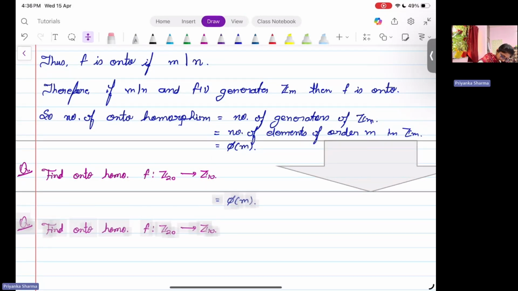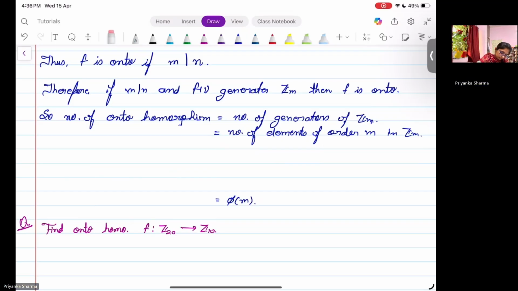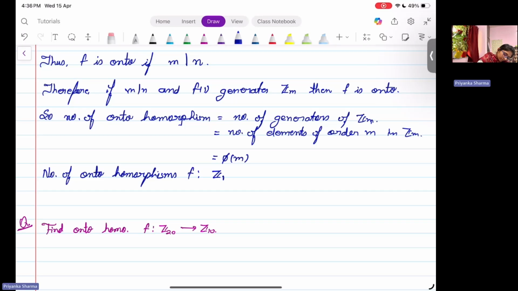The number of onto homomorphisms f from Zn to Zm is 0 if m does not divide n, and phi of m if m divides n.